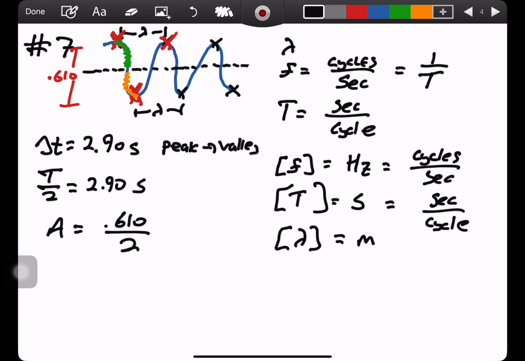Another important piece of information is we are told that apparently this fisherman has noticed that there are 7.80 meters from crest to crest, from peak to peak. The spacing is 7.8 meters. Same thing would be the case from valley to valley, like this 7.80 from here to here.